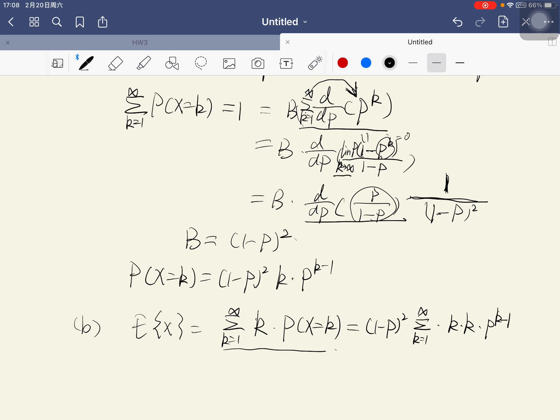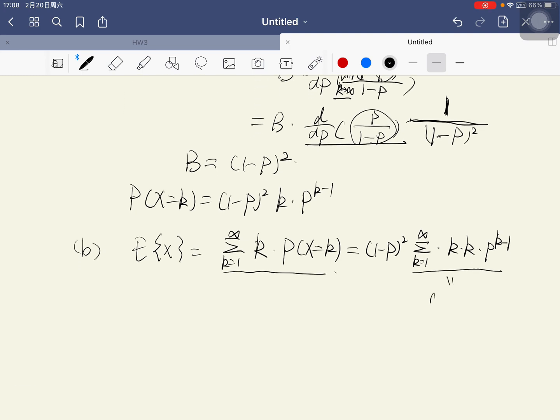We could also use the above method to put this as a derivative with respect to p of the sum over k from 1 to infinity of k times p to the power of k.